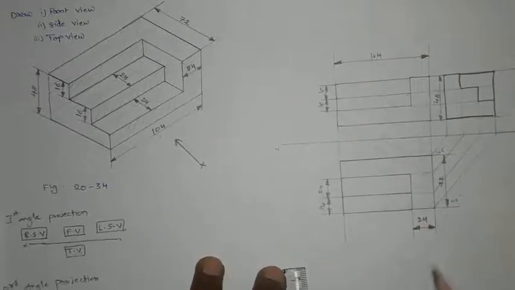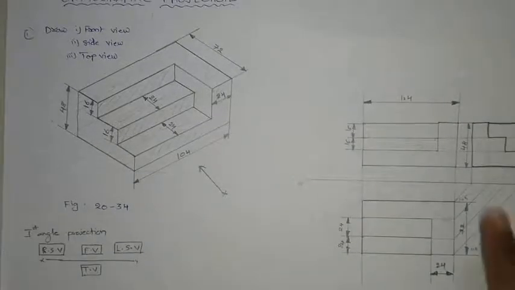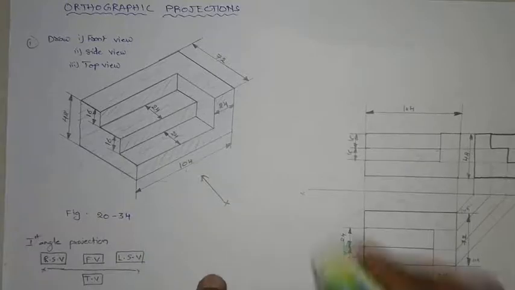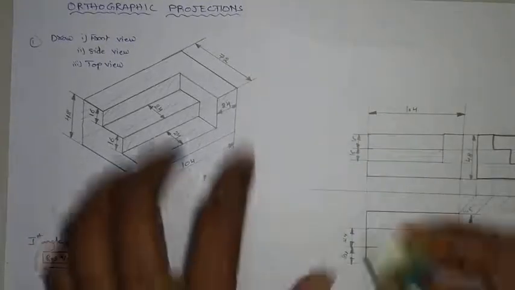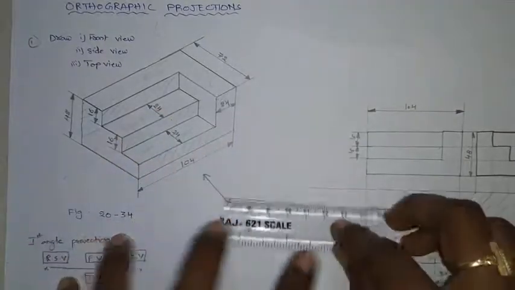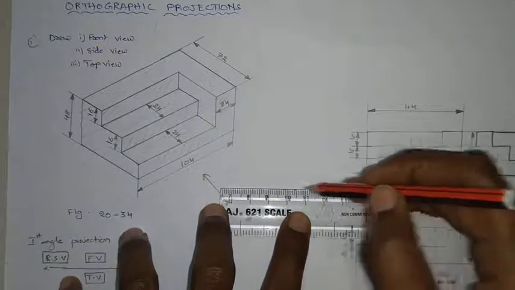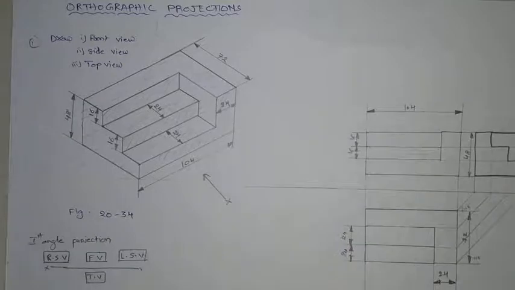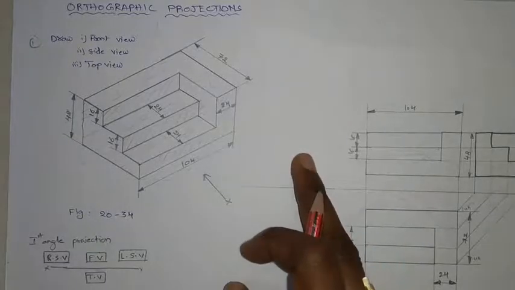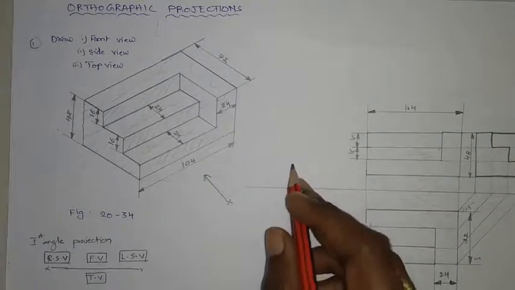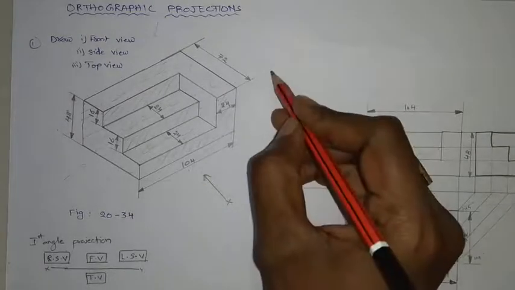This is 24. Okay, next, in the same manner you can also draw the left side view. So what do you think the right side view will be if you see from this side?